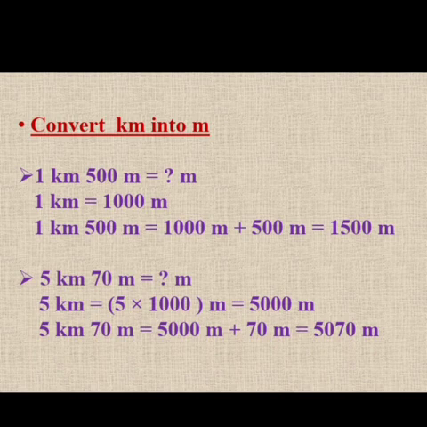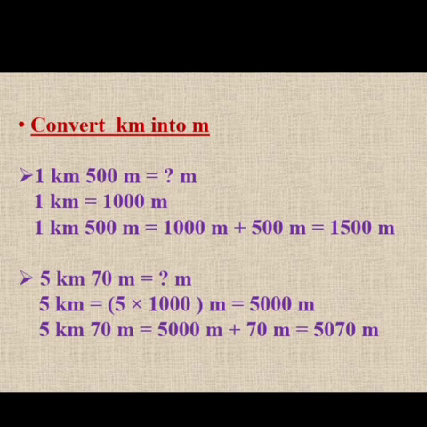Next, 5 kilometer 70 meter is equal to dash meter. Students, you all know that 1 kilometer is equal to 1000 meter. So 5 kilometer is equal to 5 multiplied by 1000 meter is equal to 5000 meter. Now 5 kilometer 70 meter is equal to 5000 meter plus 70 meter.